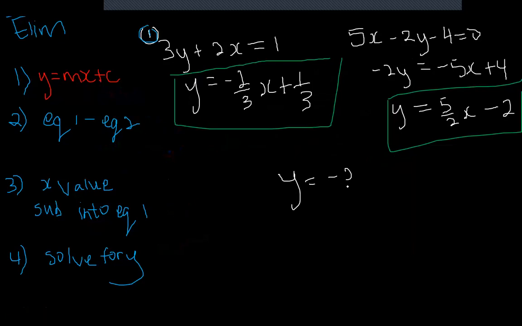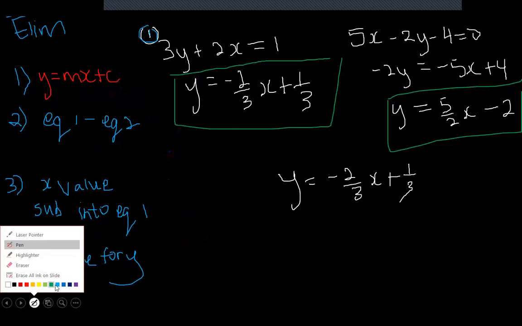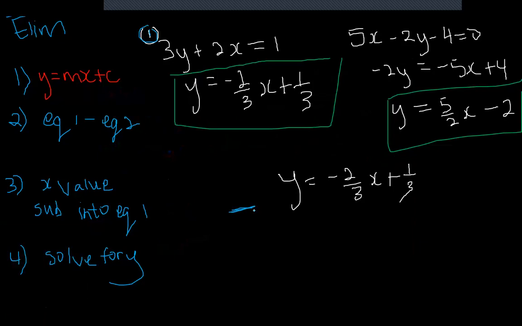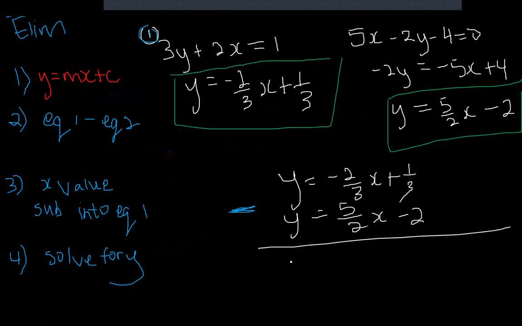Y is equal to minus 2/3 x plus 1/3. And we're subtracting them. Subtract. Y is equal to 5/2 x minus 2. Y minus y is 0. Minus 2/3 minus 5/2.